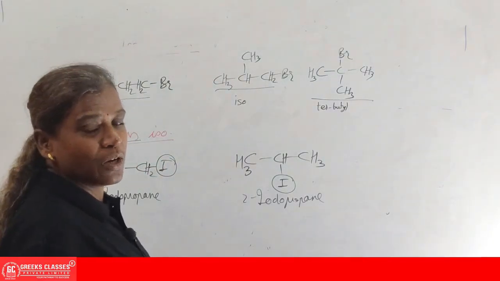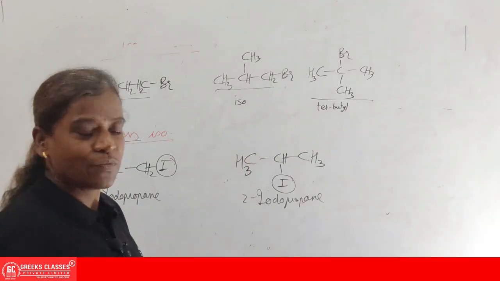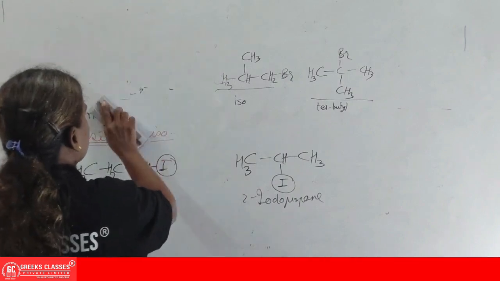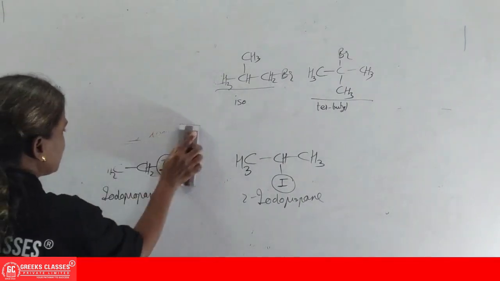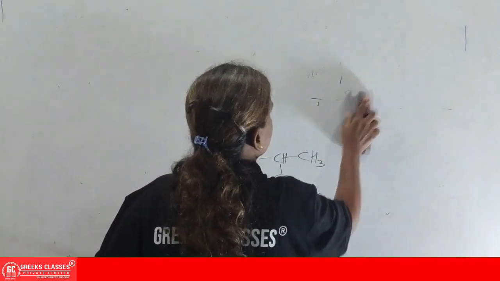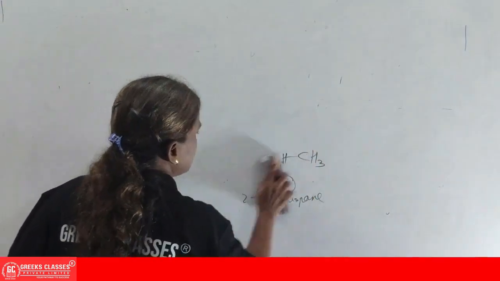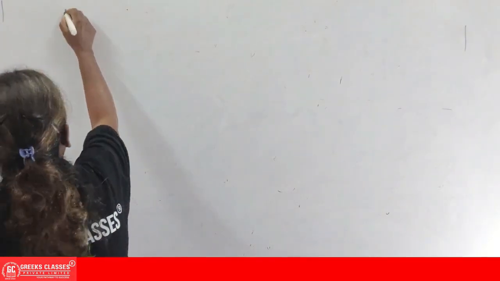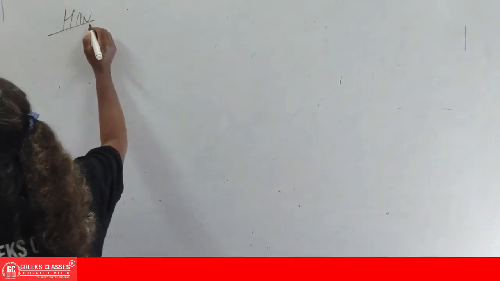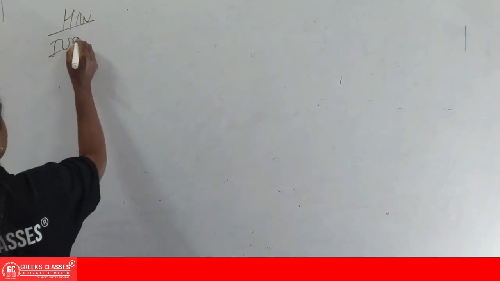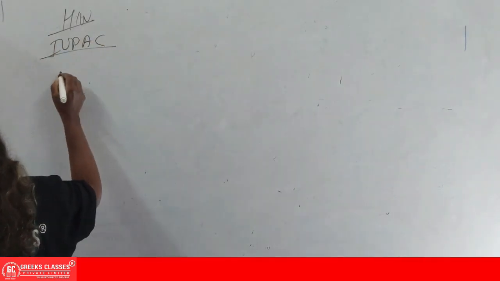Perhaps I might give you a few compounds for nomenclature as homework. You can take these as examples for nomenclature. Write the IUPAC name for these compounds.